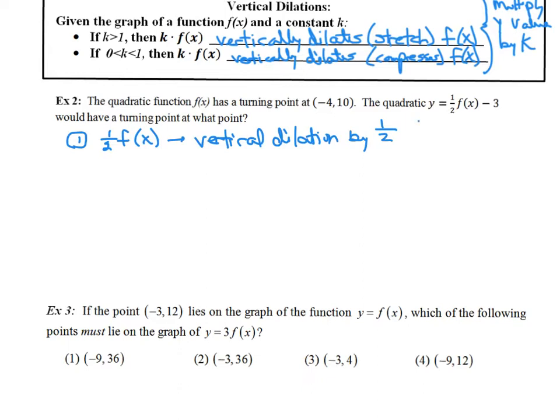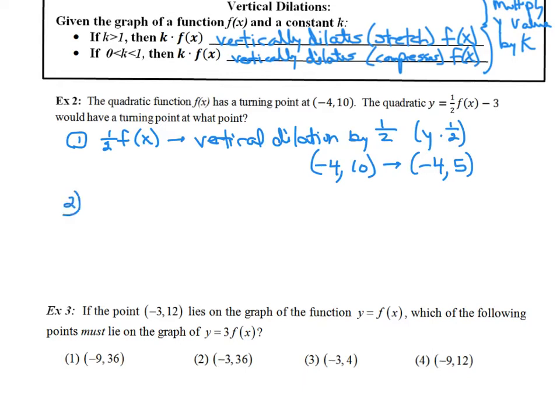That means that we're taking our y value and multiplying every y value times 1/2. So the turning point we were given, -4, 10, is going to become the point -4, 5. Only the y-coordinate is multiplied by 1/2.